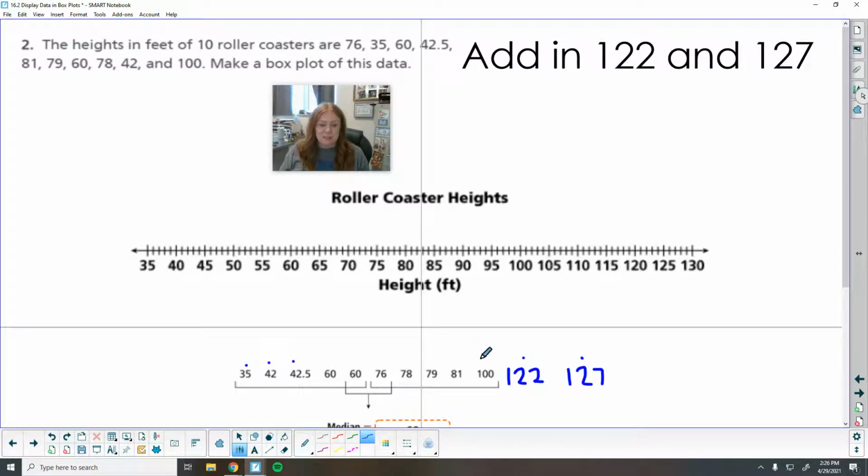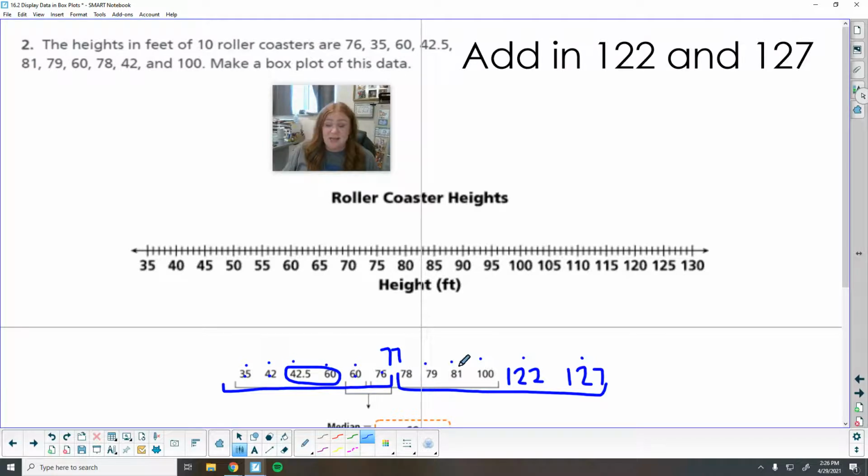So 35 matches 127. So match. So we're here. So we have got these two. So in the middle here is 77. So now I give this to this side and this to this side. So find our quartile. So we've got to find the middle of these.